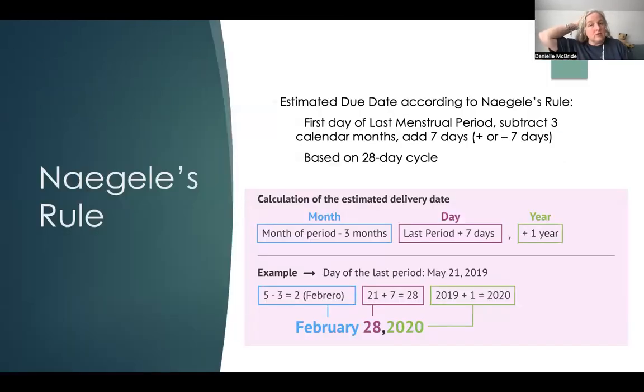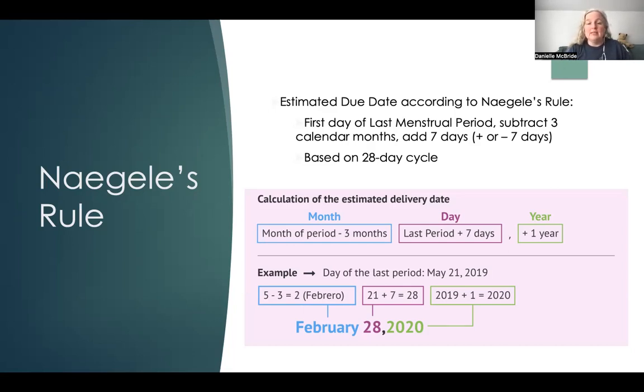So estimating the due date. Guys, first and foremost, the most accurate way to determine a due date is by ultrasound. But we do use Nagel's rule to estimate the due date. If you remember, the normal menstrual cycle is a 28-day cycle, and Nagel's rule is based on the 28-day cycle.